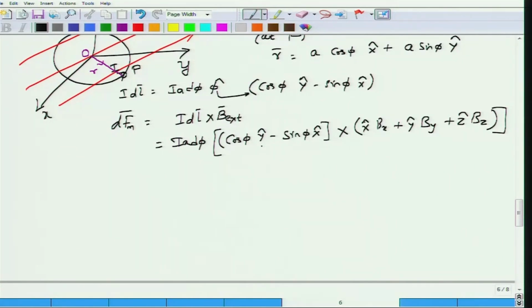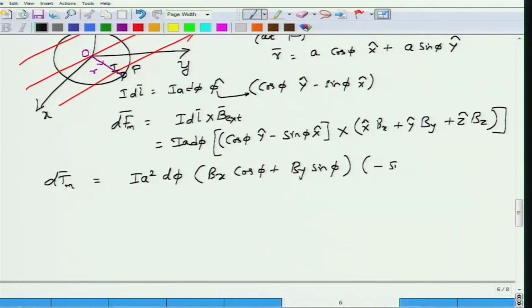So if you do all this cross product and substitute all these expressions into the torque, you will see that the torque becomes Ia square d phi times Bx cos phi plus By sin phi, multiplied by minus sin phi x hat plus cos phi y hat.